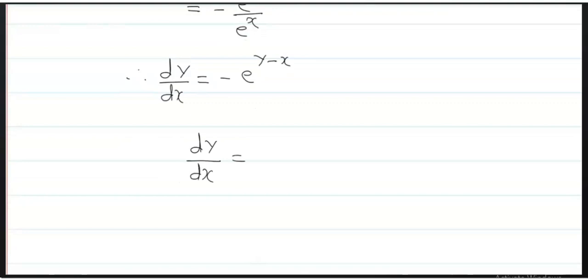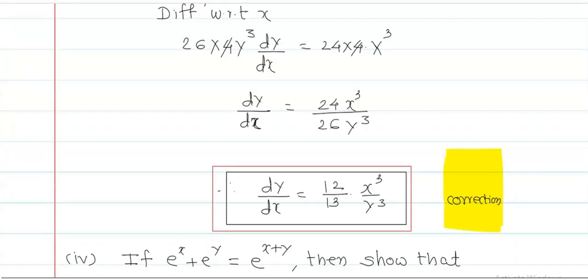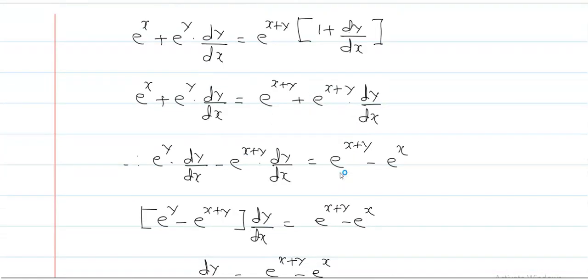See this again, dy by dx is equals to minus e raised to y minus x. Now see this once again. Last simplification I want to see.